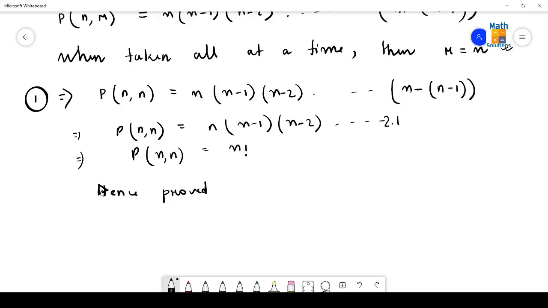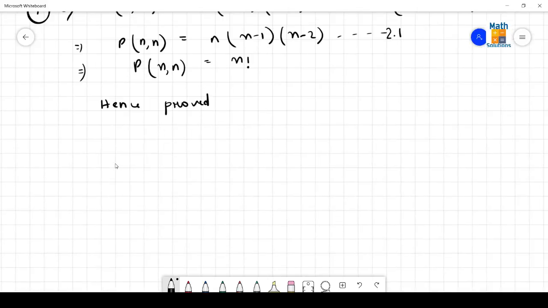So next we shall come to theorem 4. So here goes theorem 4.